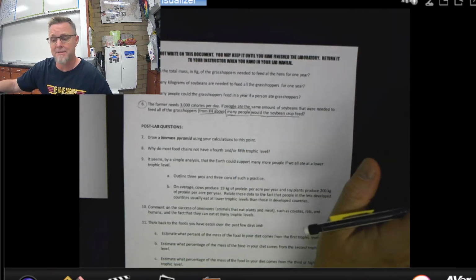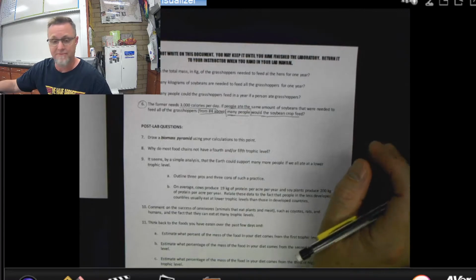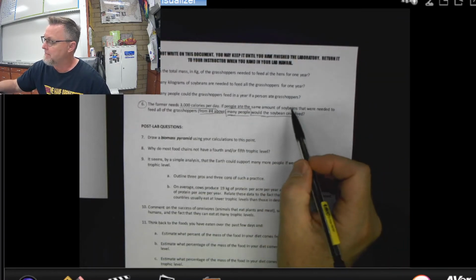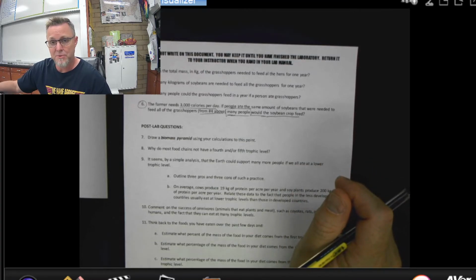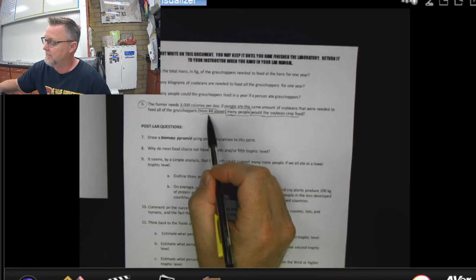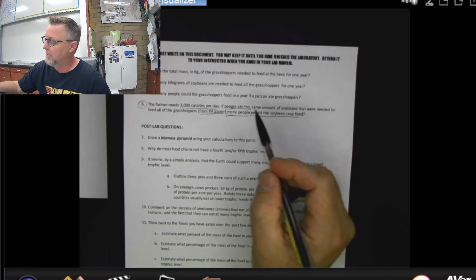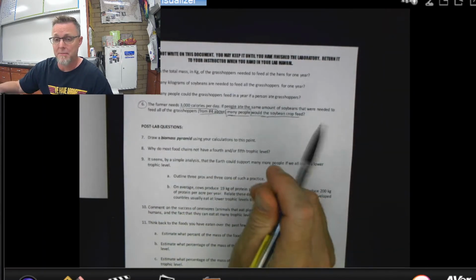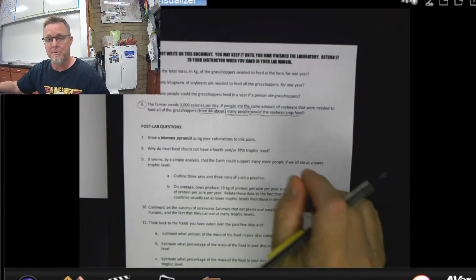I need an answer in terms of farmers or people. And I'm starting off with a volume of soybeans that I solved for from number 4. If people ate the same amount of soybeans that were needed to feed all the grasshoppers from number 4, how many people would that crop feed?